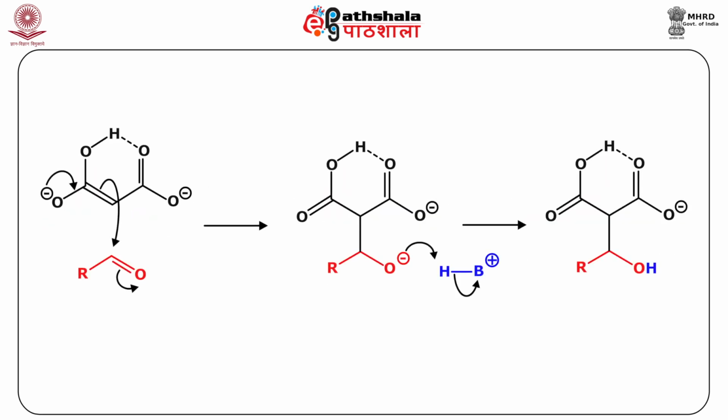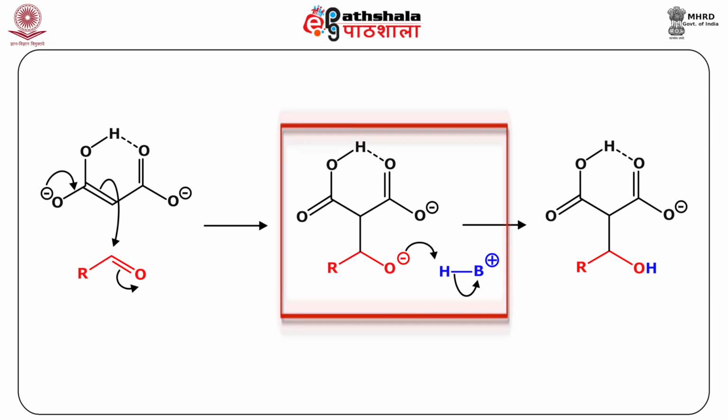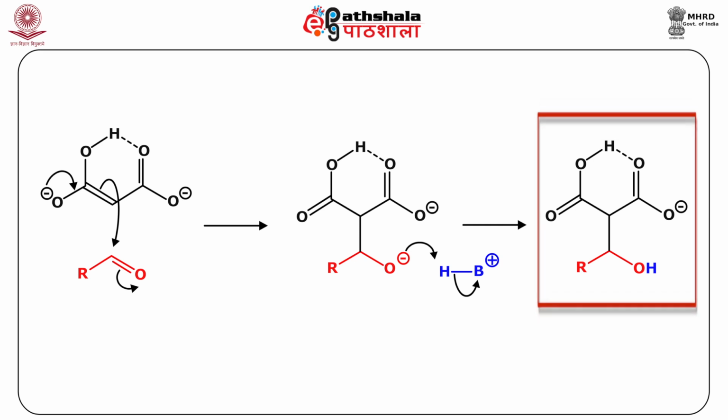This dianion further attacks as a nucleophile to the electrophilic carbon of the aldehyde, and then after the proton abstraction from the medium, the aldol as you can see here is formed, and this is monocarboxylate in this basic solution.